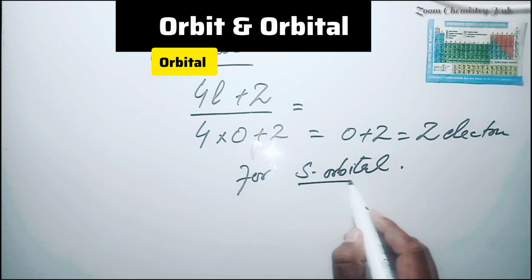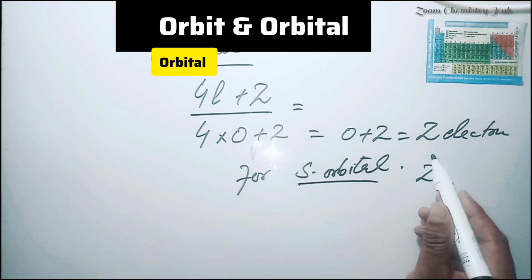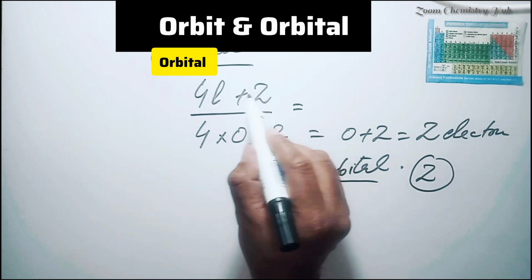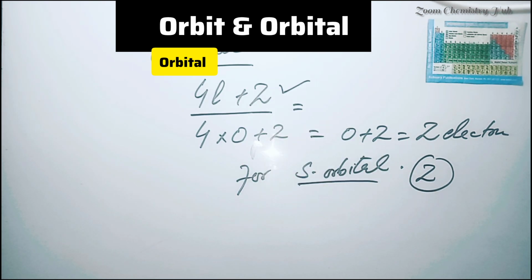So the s orbital has a maximum of 2 electrons by the 4l plus 2 formula. By this formula we can calculate the number of electrons in different orbitals, that is s, p, d and f.